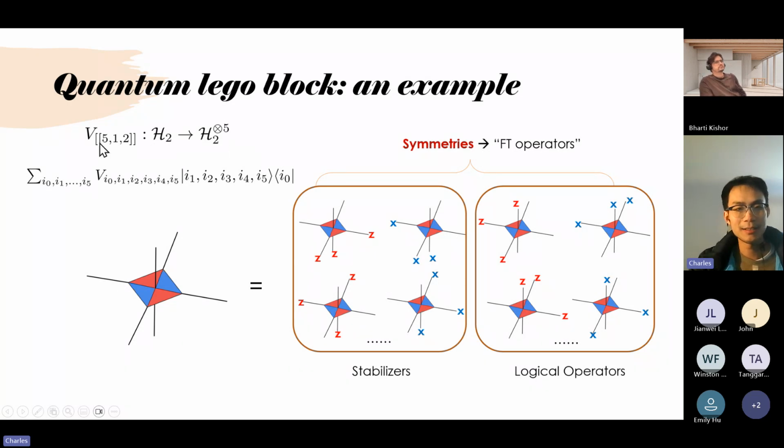Then you can expand this isometry in the standard basis, and you get a tensor of its coefficients. For each index of the tensor, I draw a leg. In this case, the top leg denotes the logical degree of freedom, and the other 5 legs denote the physical degrees of freedom. And this encoding map is just captured in this graphical form.